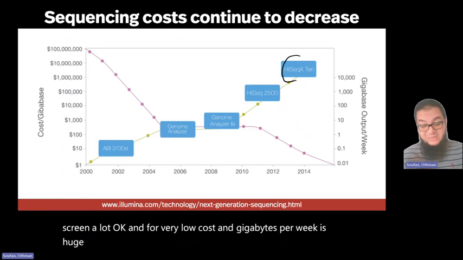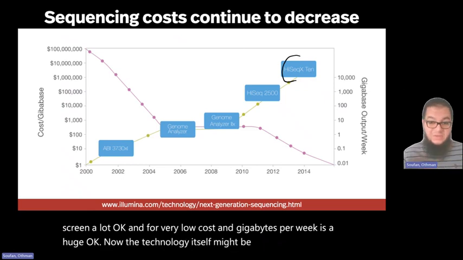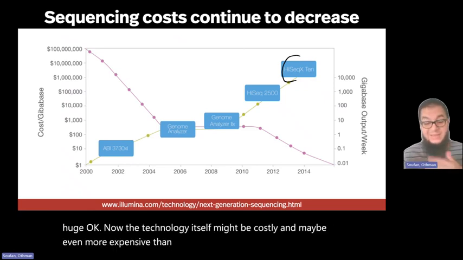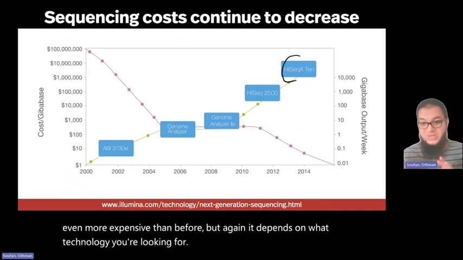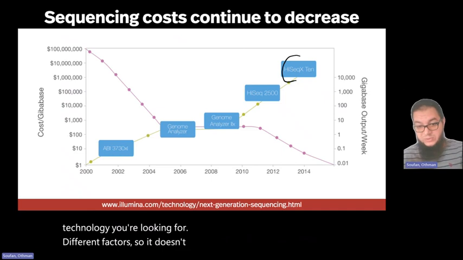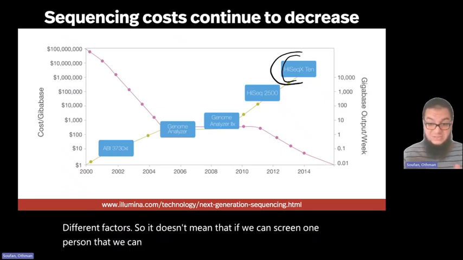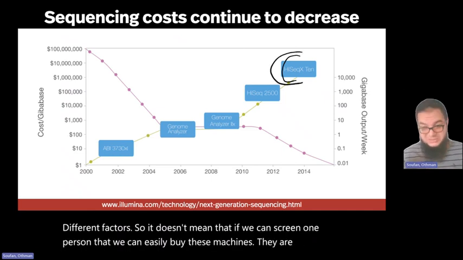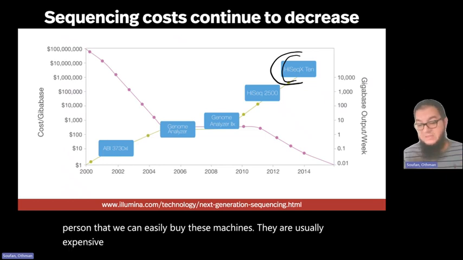Now, the technology itself might be costly and maybe even more expensive than before, but again, it depends on what technology you're looking for, different factors. It doesn't mean that if we can screen one person, we can easily buy these machines. They are usually expensive, but it's a different factor that we look into.